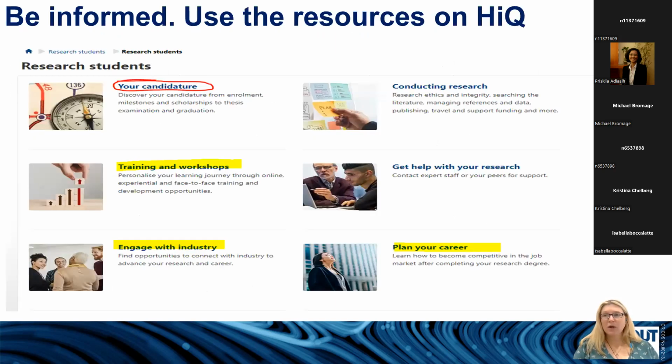Okay, so what I would like you to do throughout your candidature is be really organized by looking at the resources on HiQ. That's what I was just mentioning about all that information on the previous slide is in your candidature. So that's the place to go about milestones and anything to do with the administration of your candidature.